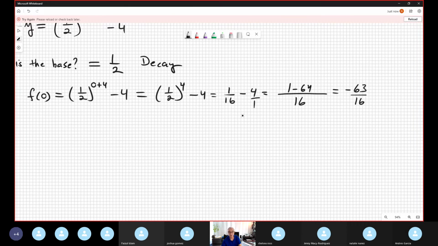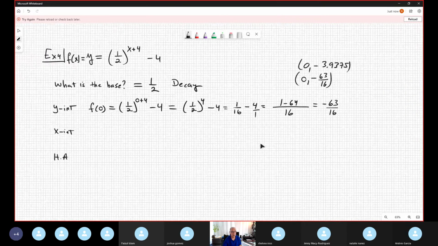This is my famous point, the point 0, comma, minus 63 over 16. In decimal, 63 over 16 is 3.9375, equivalent to saying 0, comma, minus 3.9375.